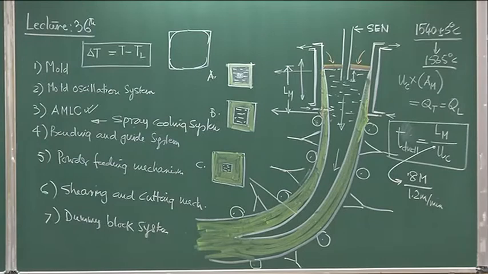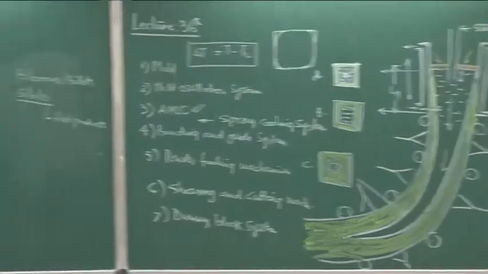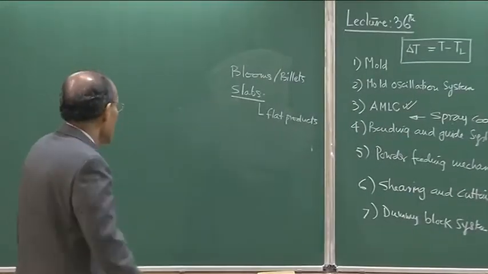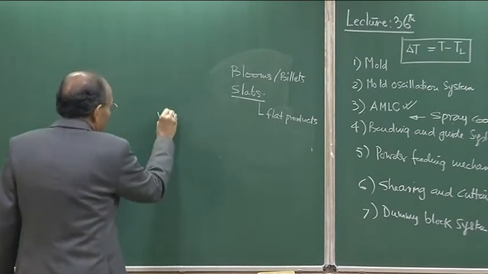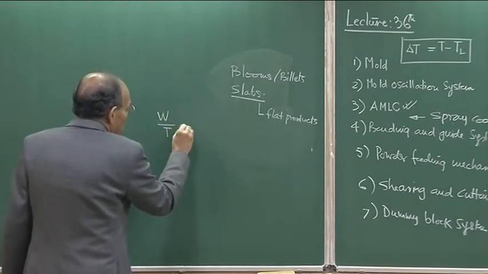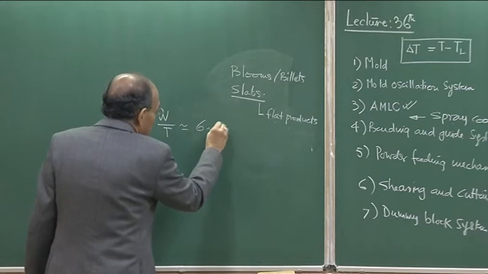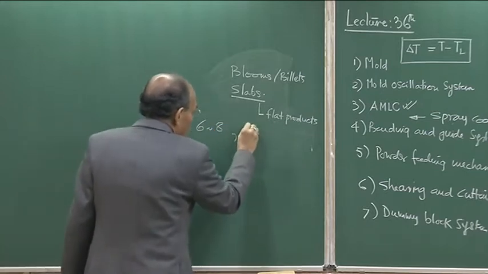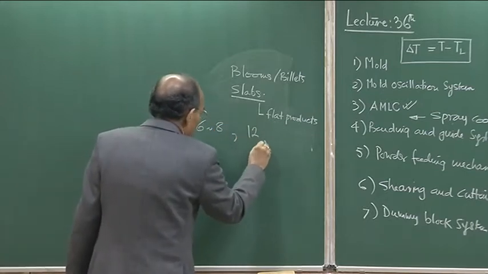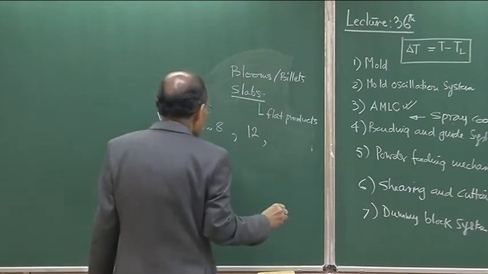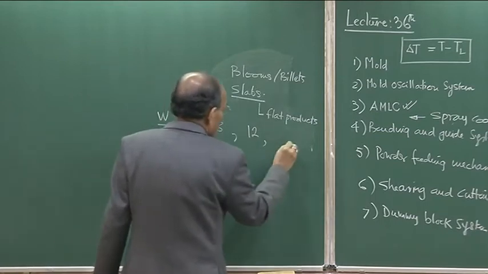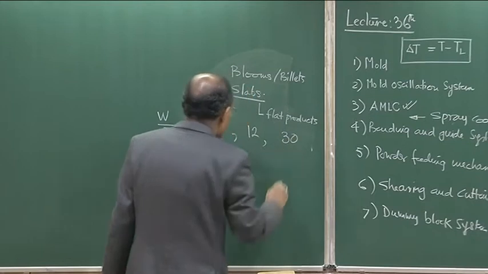On the other hand, the slabs have a rectangular cross section, and for that rectangular cross section, the width to thickness ratio for a normal slab could be about 6 to 8, for a thin slab about 12, and for a strip could be about 30.